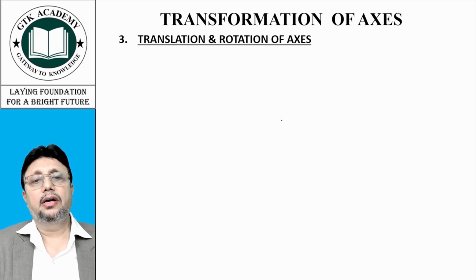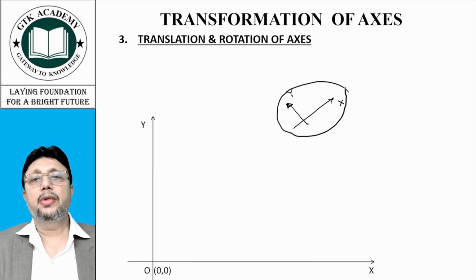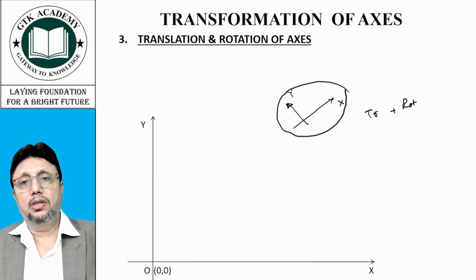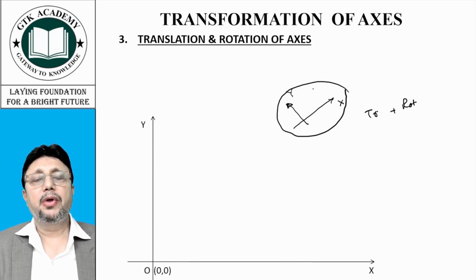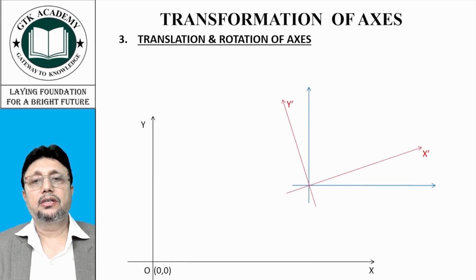For example, if this is your x-axis and y-axis, and you do the transformation like this, so that this is your new x-axis and this is your new y-axis, this can be considered as a mix of translation plus rotation. This whole operation can be broken into two parts: translation as well as rotation. For example, this is the translation, and then you rotate it by angle theta.